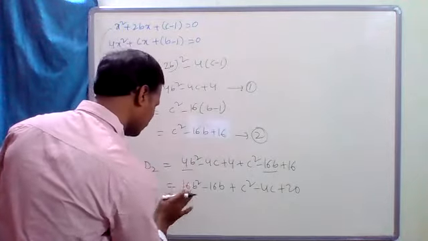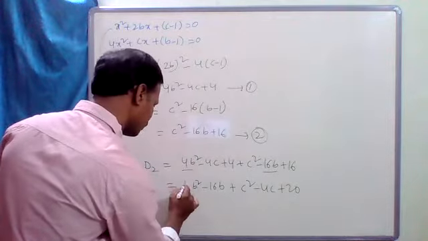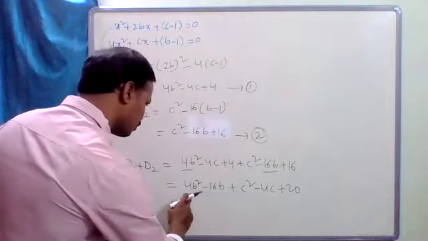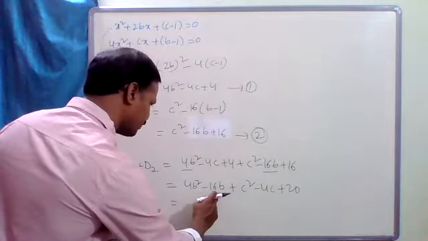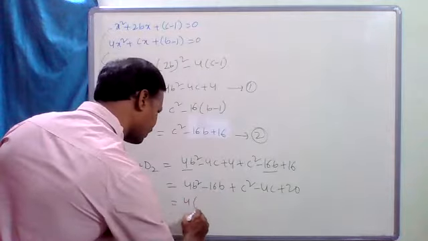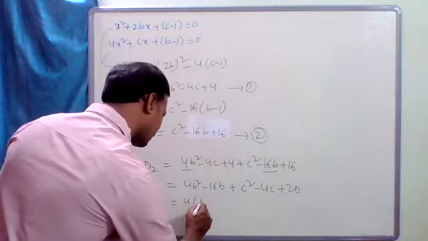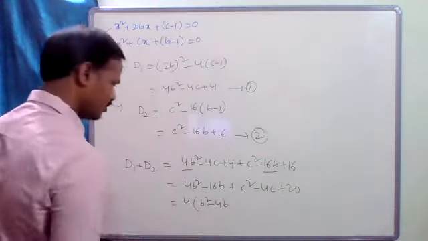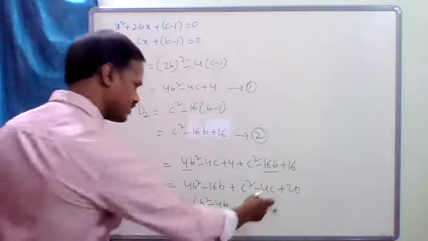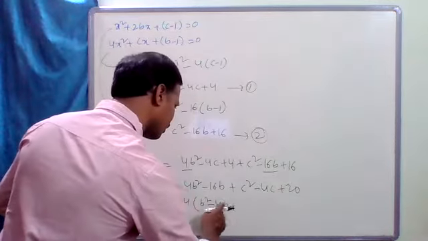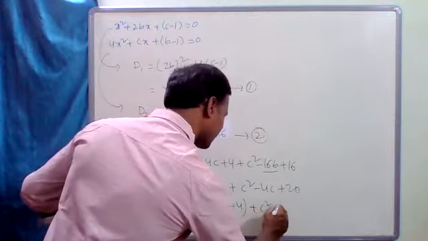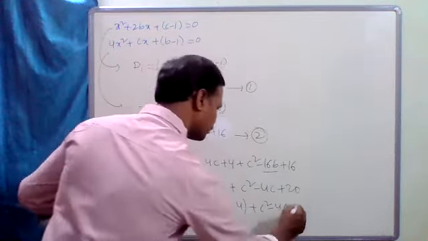Now 4b square minus 16b. If you take common 4 here, what will you get? b square minus 4b, plus 4, that is a square minus 2ab plus b square. That means you have 4 plus c square minus 4c plus 4.